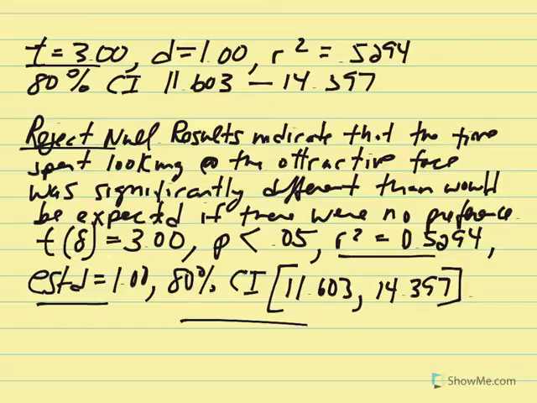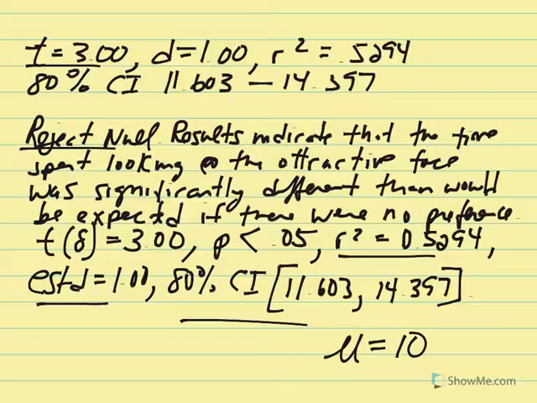Our estimated d was greater than 0.8, which was considered a large effect. R squared was greater than 0.25, also supporting a large effect. And then our confidence interval did not include the mu from the null, which was 10. So that value is not in that range. So all of those statistics support rejecting the null hypothesis. Results indicate that the time spent looking at the attractive face was significantly different.